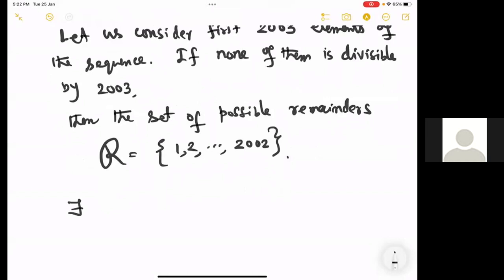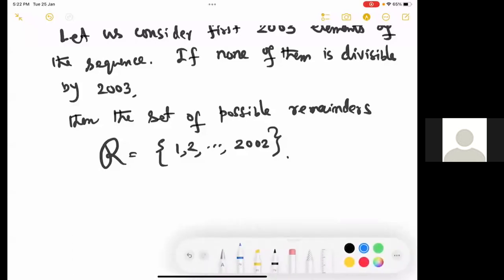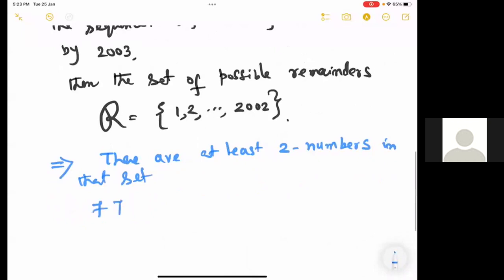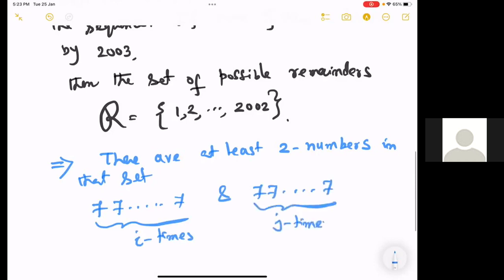Stop me if there is any question. That implies there are at least 2 numbers in that set, so I call them 77777, i times, and 77777, j times, such that without loss of generality assume i greater than j.